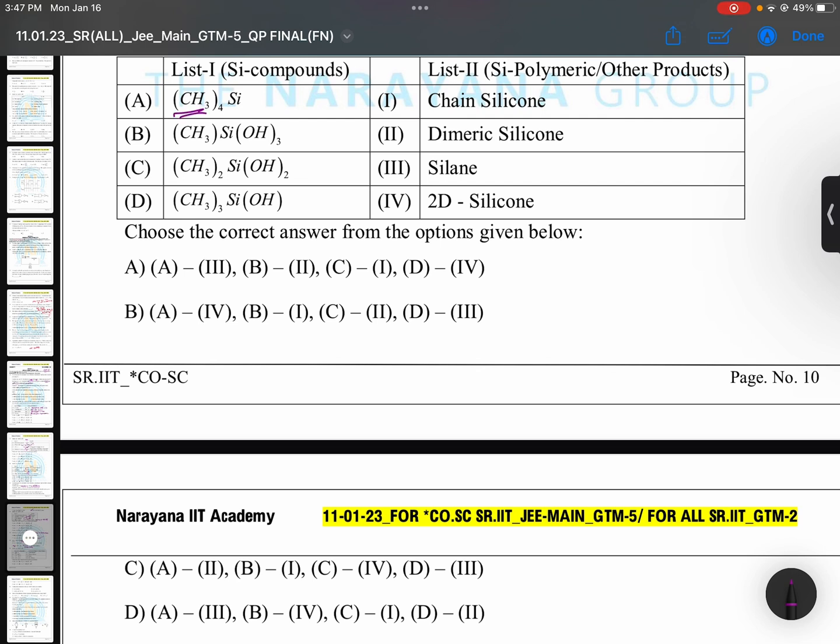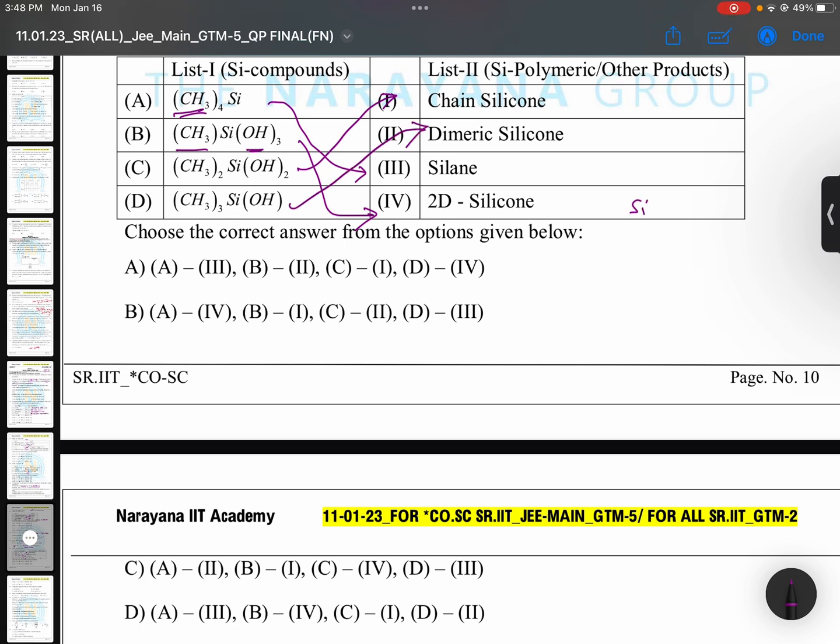All four alkyl groups, silanes. It is something wrong. Yeah, 1 methyl, 3 OH groups. So that will go for 2D, two-dimensional, 2 OH groups chain, and this is dimeric.